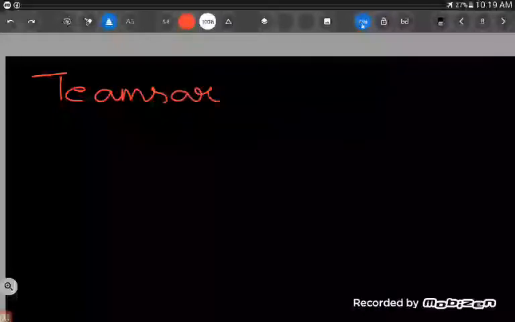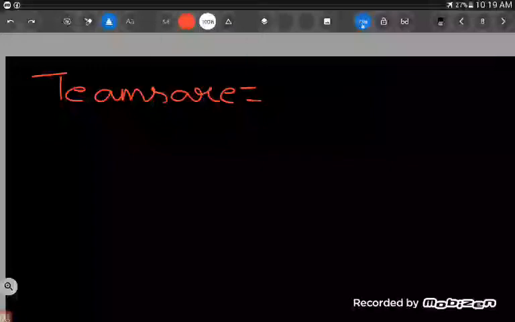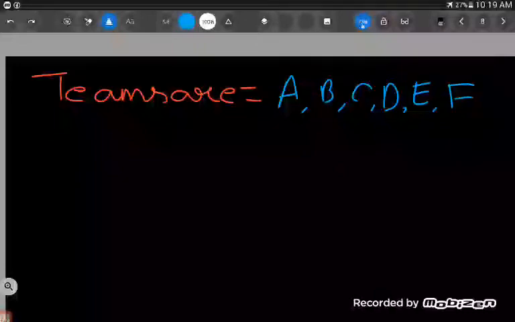Both are correct. You can also write country names, state names, district names, or your favorite team's name. So we will write the team names. You will give more time.